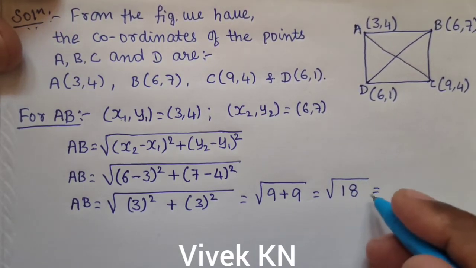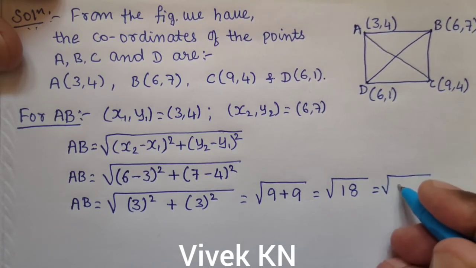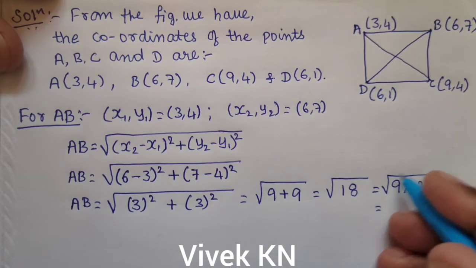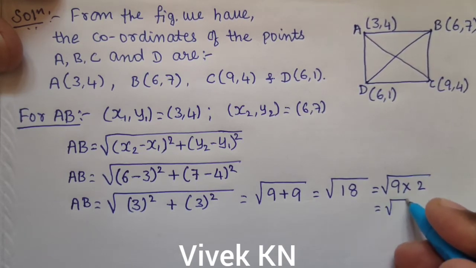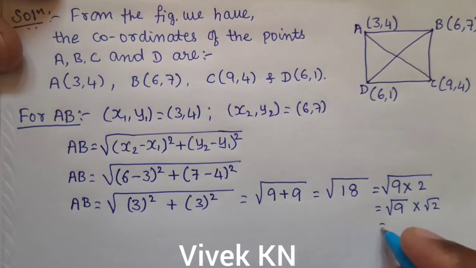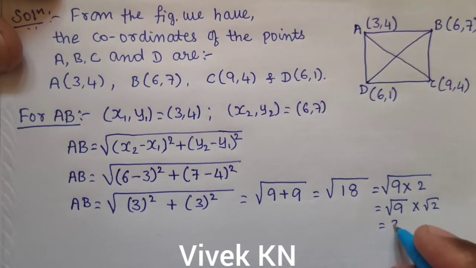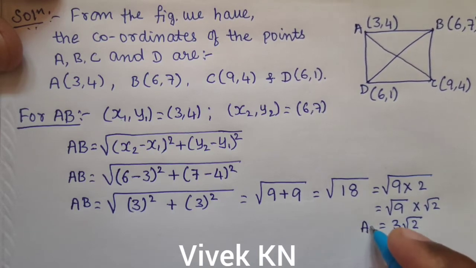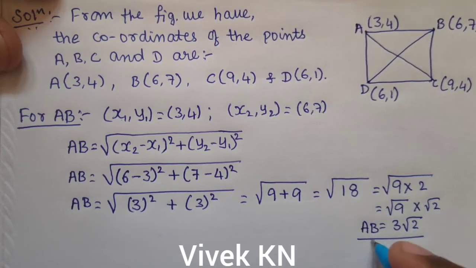Here root 18 can be written as root of 9 into 2. Let us split this into root 9 into root 2. The value of root 9 is 3 into root 2. So the value of AB is 3 root 2.